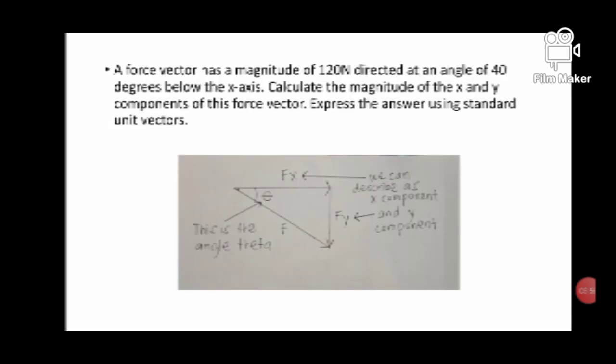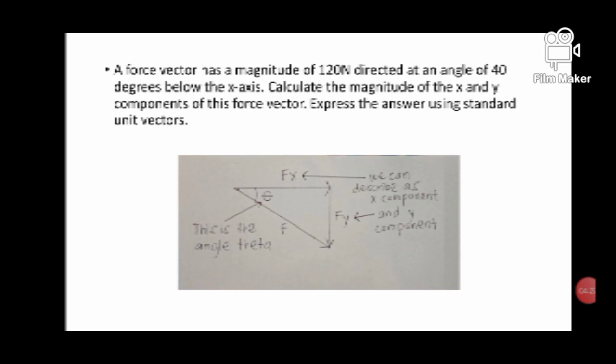And now, let us take a look at an equation. A force vector has a magnitude of 120 newtons directed at an angle of 40 degrees below the x-axis.